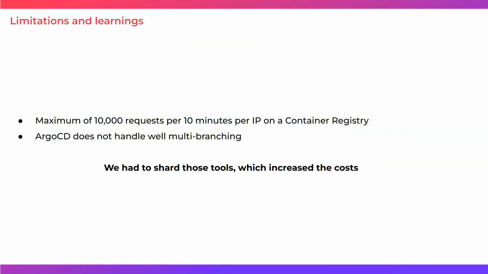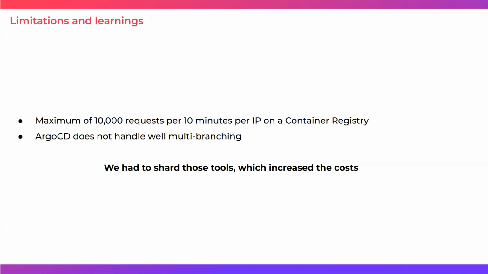So with this, we found a few limitations. Basically, you cannot do more than 10,000 requests per 10 minutes per IP on a container registry. So what happened was, because we deployed more than 50 applications 11 times, and that we ran the synchronization loop of Image Updater every 2 minutes, at some point we did more than 10,000 requests per 10 minutes per IP.